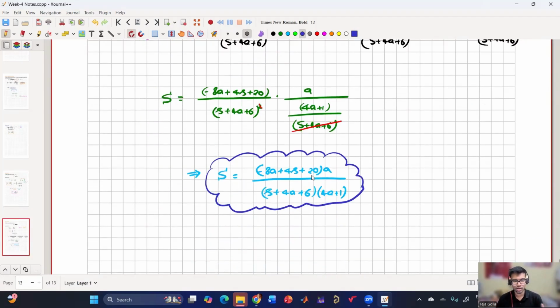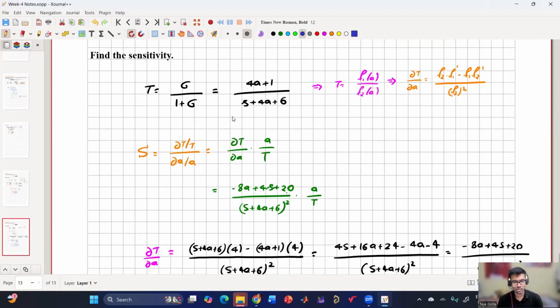But the objective of this problem is to understand how to check the sensitivity of the closed loop transfer function with respect to the variable A. I've considered one problem in the denominator, one problem in the numerator. And this is where we should be careful with the partial differentiation. If that is done properly, then I think it is easy.